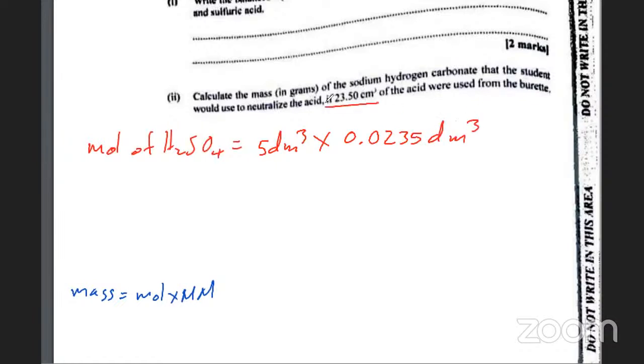So the mole of H2SO4 is equal to 0.5, converted the cm³ into dm³.